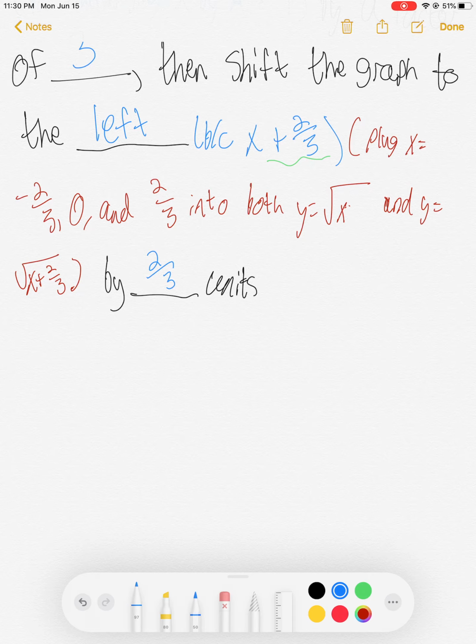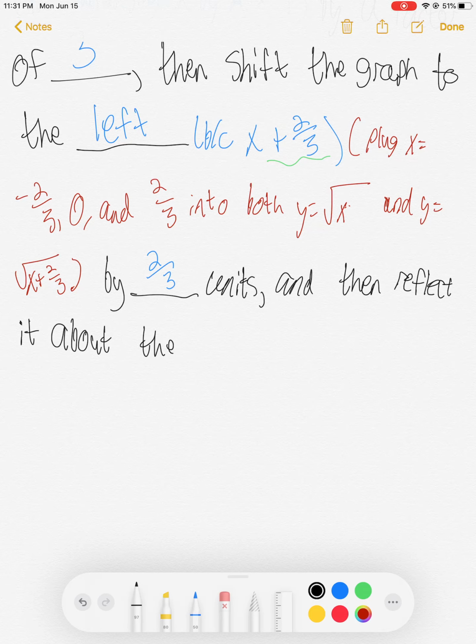And since we have this 2/3 here, we are going to be shifting it 2/3 units to the left, okay? Again, that's why it's important that we factor that 3 out at the beginning, because otherwise, if we had a 3x, then the shifting would be a little bit more foggy. But by pulling that 3 out, we can clearly see the shift.